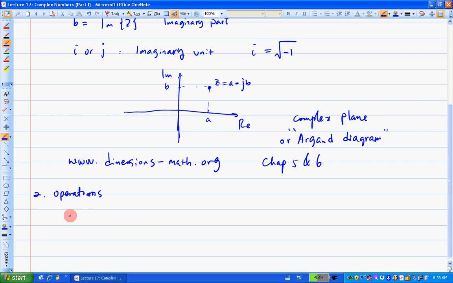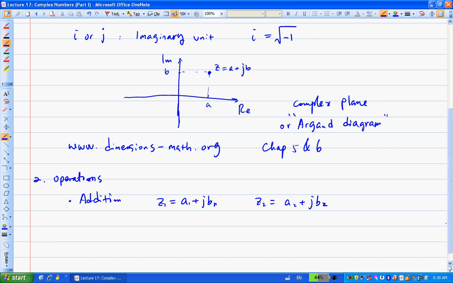So I will show this very simply. When I write, sometimes I write I, sometimes I write J. So just know that they both refer to the imaginary unit. Okay. So let's have two complex numbers here. And now I'm going to add them or subtract them.